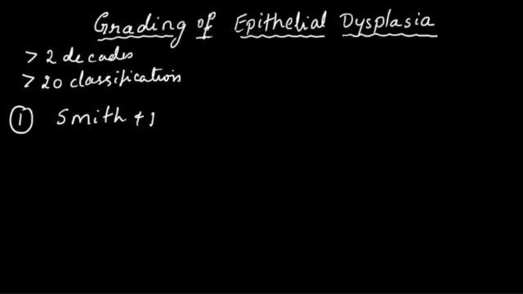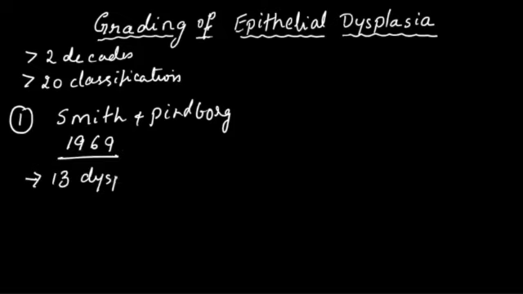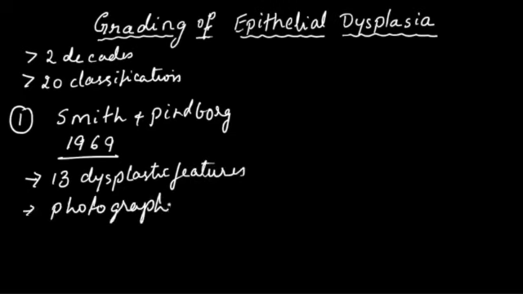The first one is by Smith and Pindborg in the year 1969. They evaluated 13 histologic features which were standardized by a set of photographs. Each feature was graded as absent with the score 0, and slight to marked with a score of 1 to 10.